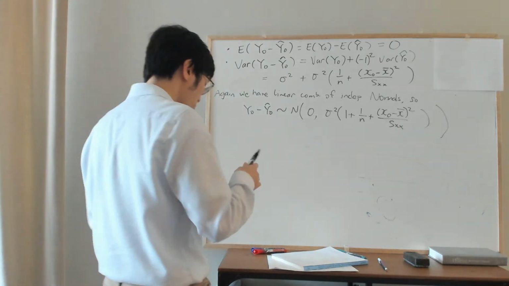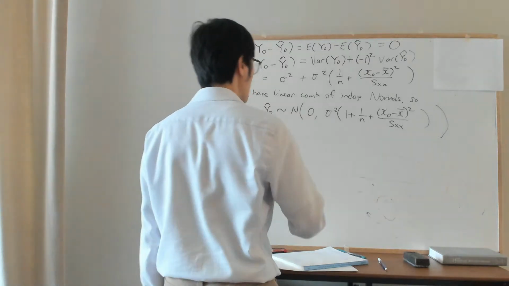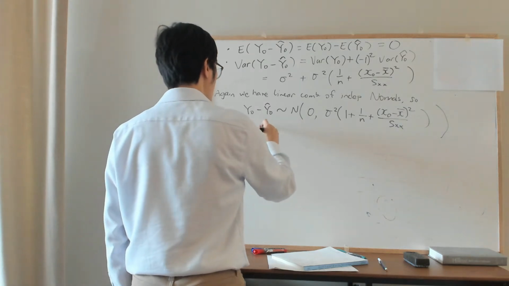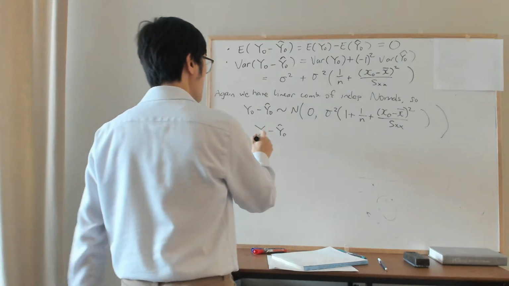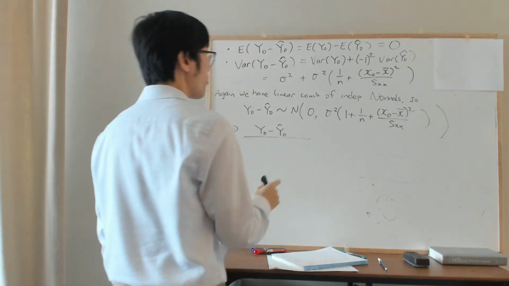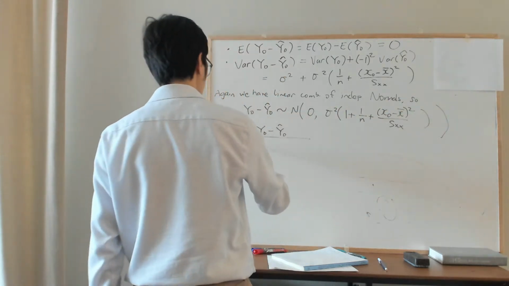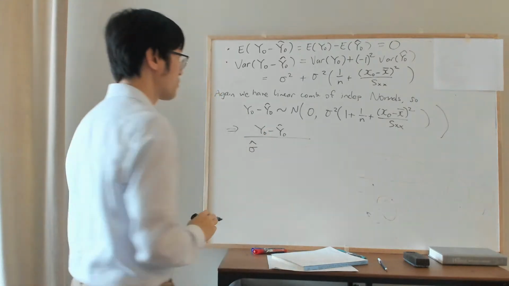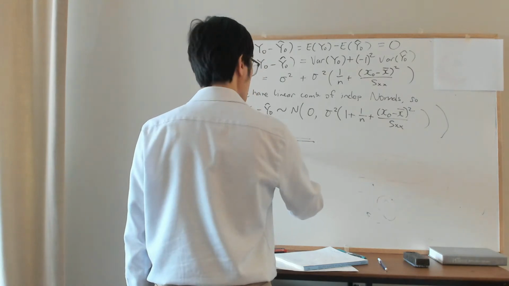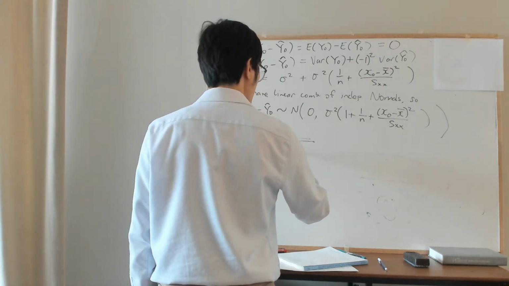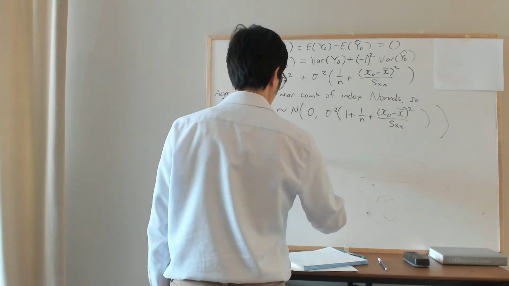Okay, and so by similar logic, what we end up with is a t distribution. In particular, when we take y0 minus y0 hat, and divide by the square root of this, but with the estimate of sigma plugged in, and everything else is just copied down, 1 plus 1 over n, x0 minus x bar squared.